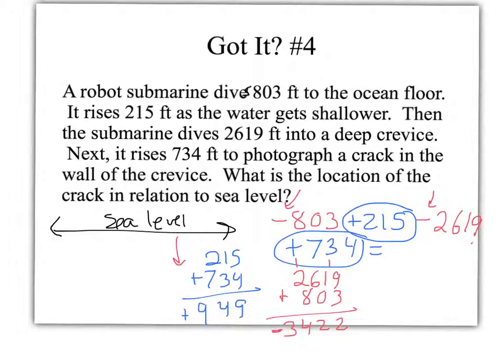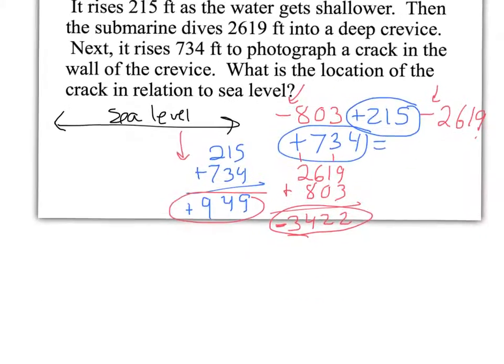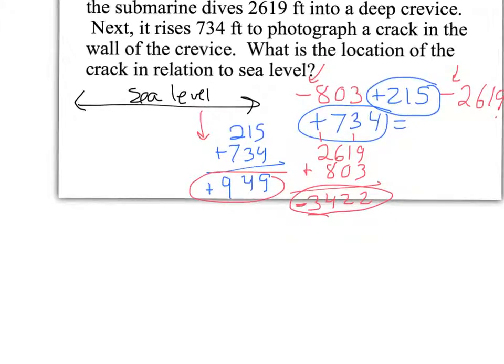And now we're trying to add negative 3,422 and positive 949. The signs are different, so we have to subtract. So let's subtract and start with the bigger number. 3422 minus 949.